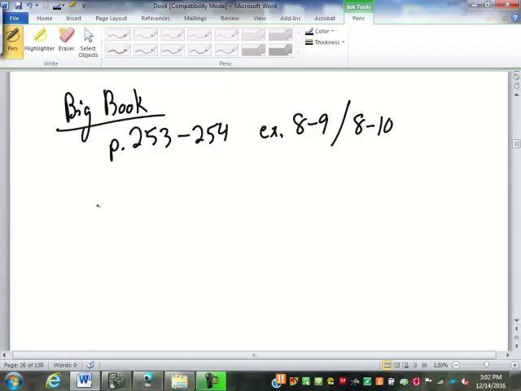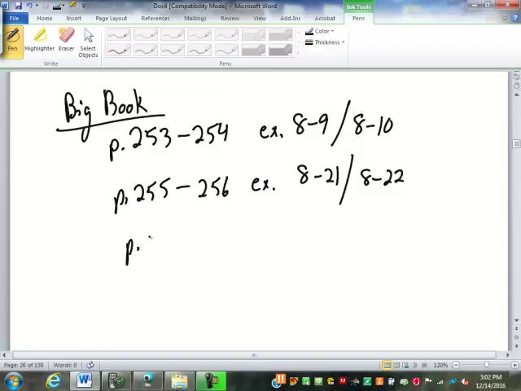Also, page 255 through 256, exercise 8-21 through 8-22.